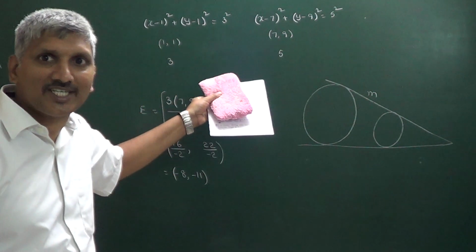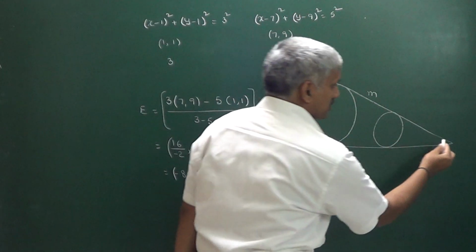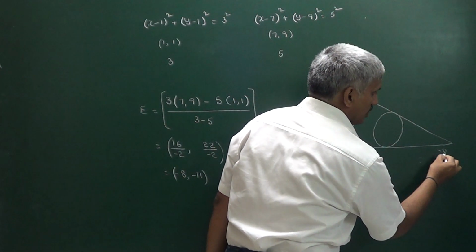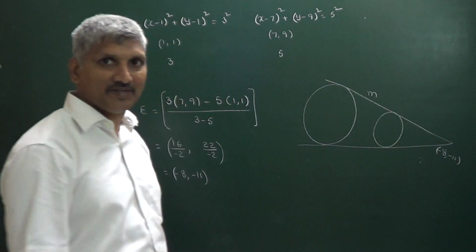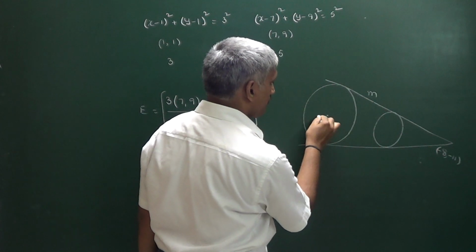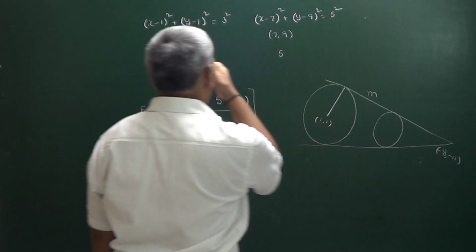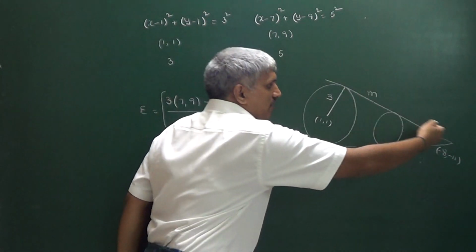A direct common tangent always passes through the external center of similitude. We got the external center of similitude as (−8, −11). One circle has center (1, 1) with radius, what is the radius? Radius is equal to 3. Tell me, what is the equation of this line?